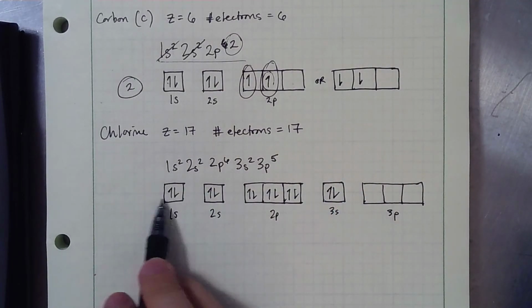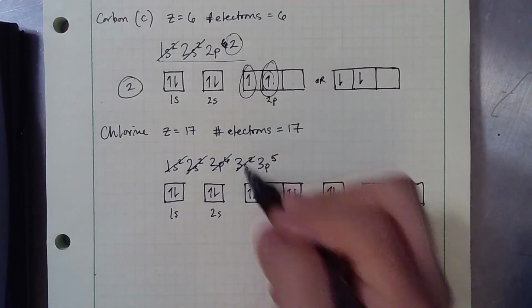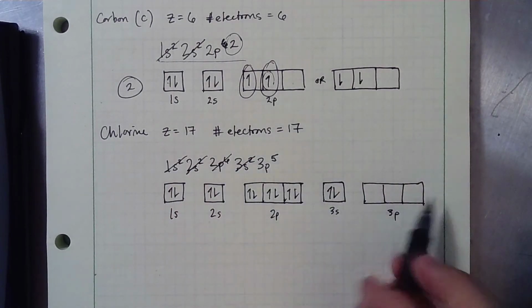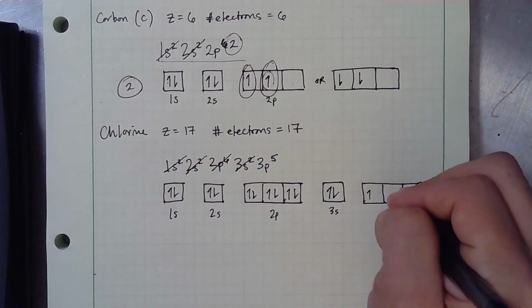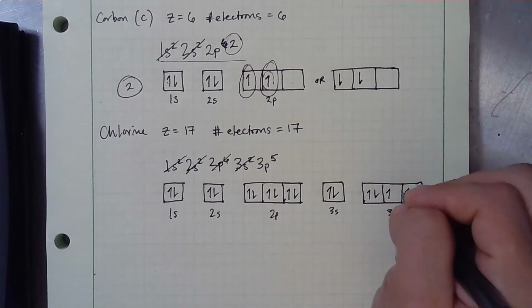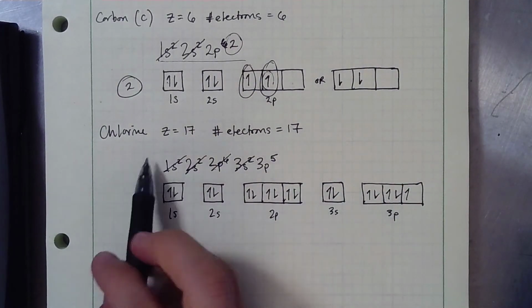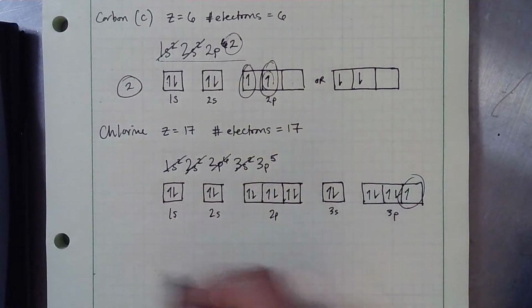Okay, so now I'm at a total of, what is this, 12? Yeah, 2, 4, 10, 12. Okay, 5 electrons into the 3p. I'm going to do these 3 first with their parallel spin, and then I get the 4th and the 5th one there.